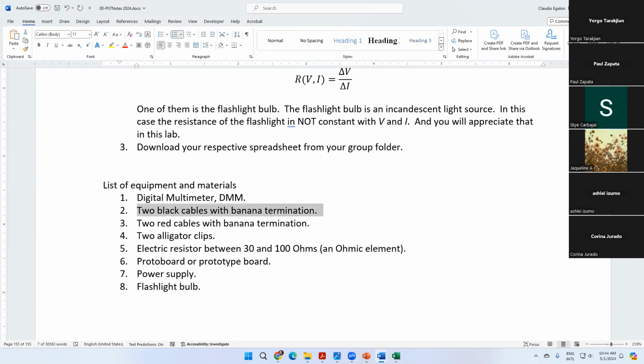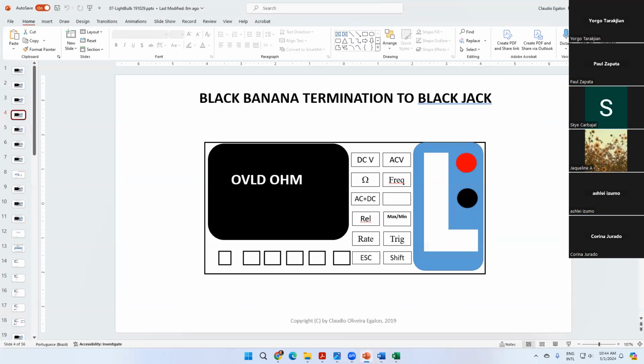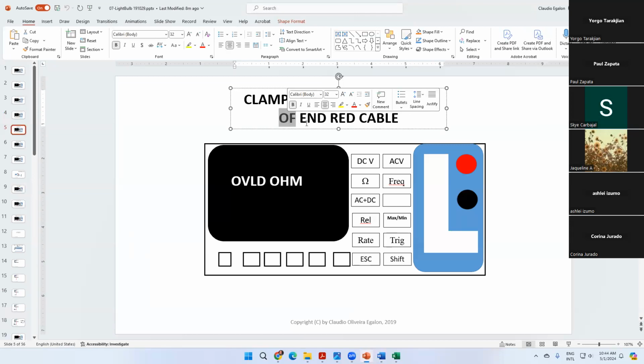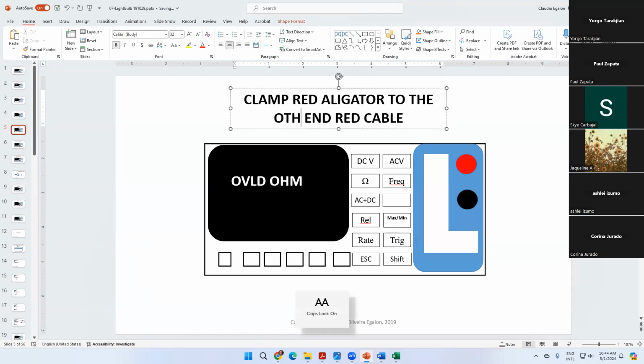2 black cables. This banana termination, we're using one of them. And then we are going to clamp the red alligator to the end. Clamp red alligator to the other end of the red cable.